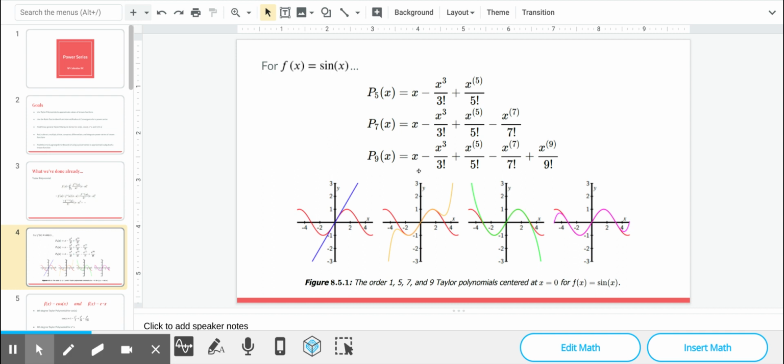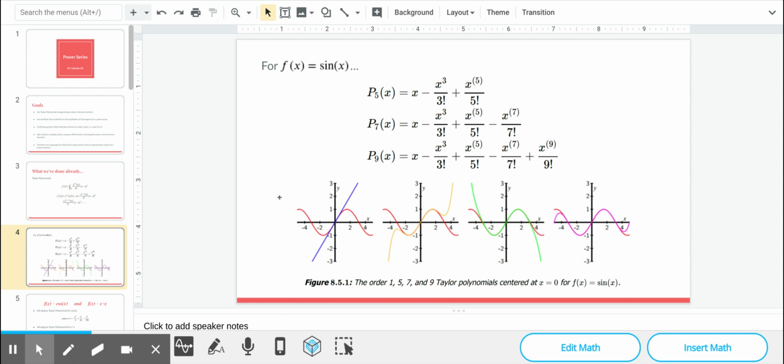You can just keep going further, to the 11th degree, the 13th degree. Hopefully you see the pattern here: there are no even powers of x because their derivatives are 0, so they just go away. This is how it was formed.